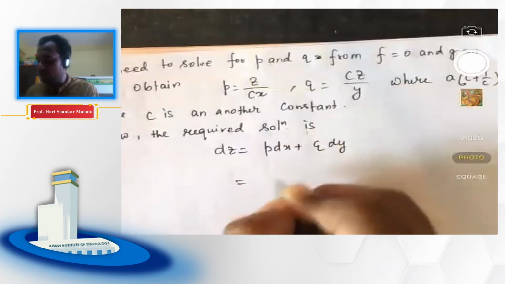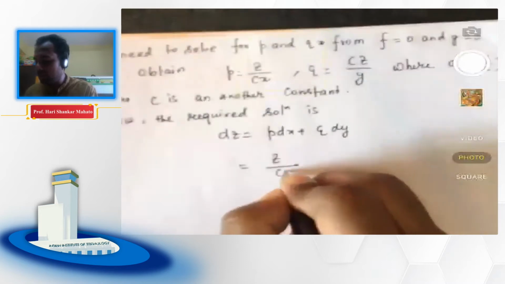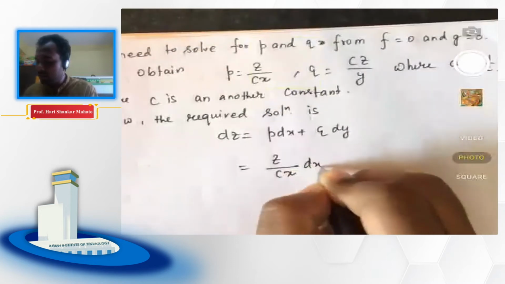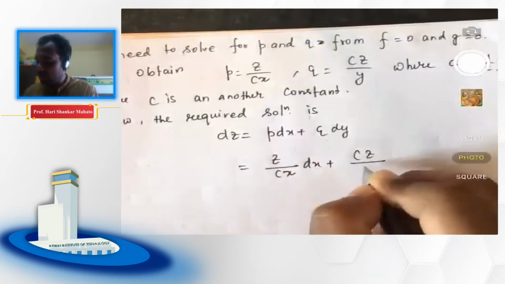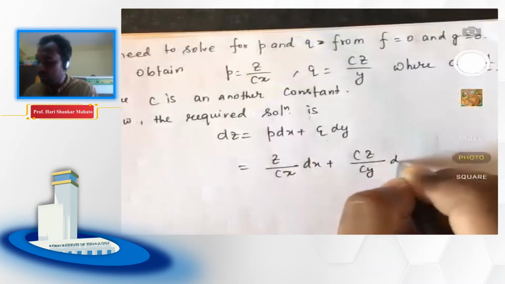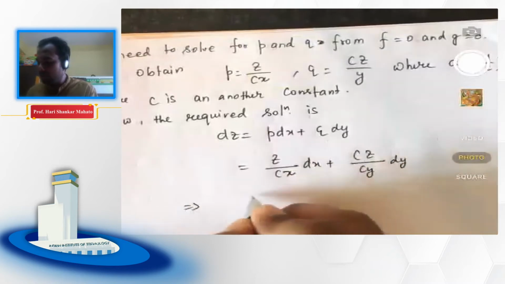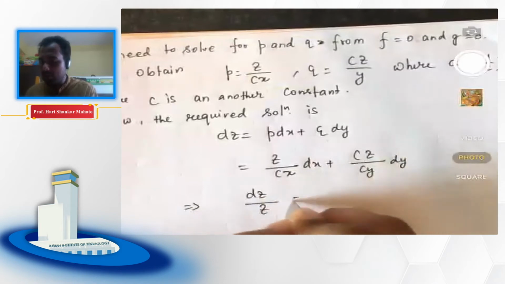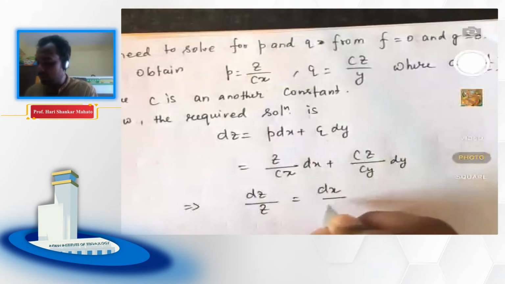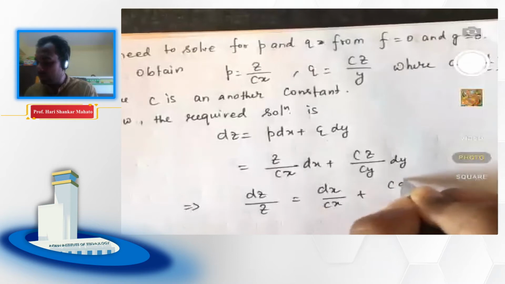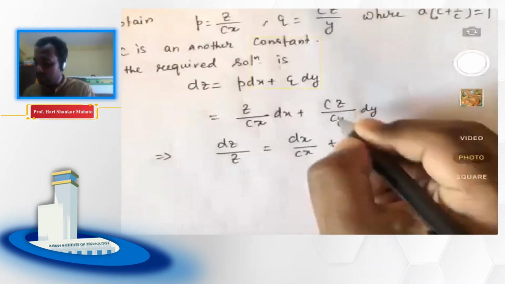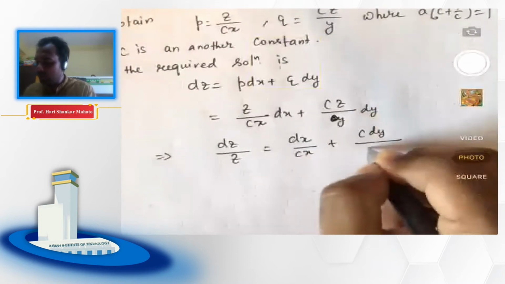Now what is our p? It is z by cx times dx, and this one is cz by y, d of y. So I can divide both sides by z. So this is dz by z, dx by cx plus c dy by y.